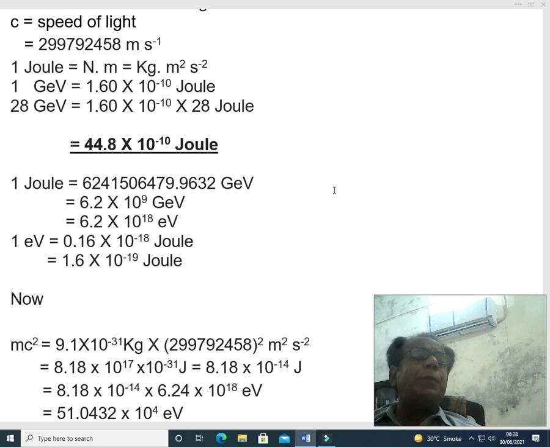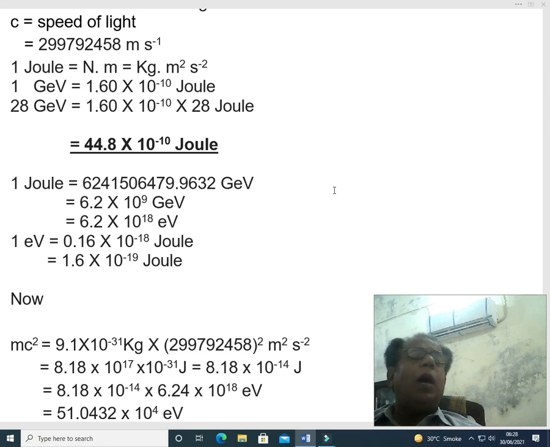So 6.2 into 10 raised to the power 9 giga electron volt will become equal to 6.2 into 10 raised to the power 18 electron volt. Because dear students, we know that 1 kilo is equal to 10 raised to the power 3, 1 million or mega is equal to 10 raised to the power 6, 1 giga is equal to 10 raised to the power 9.